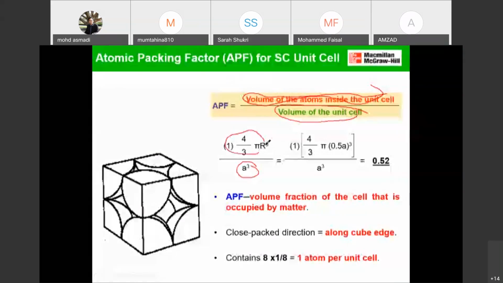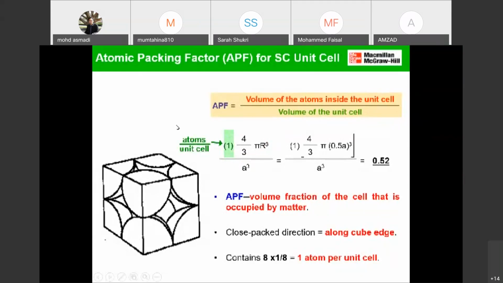The volume of the atom, similar to a sphere, is 4 divided by 3 pi r to the power of 3, divided by the volume of the unit cell.